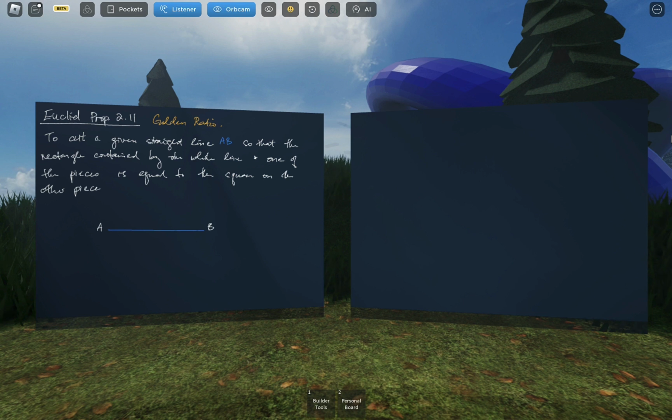So basically, we want to find a point H on this line, yet to be determined, such that, I guess we can mark it in, the rectangle, the whole line, one of the pieces. This is AB cross BH. Okay, now that we have a notation for this point, the square on the other piece is going to be AH squared.